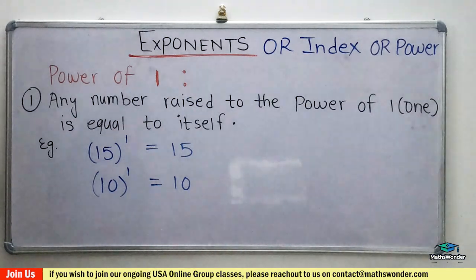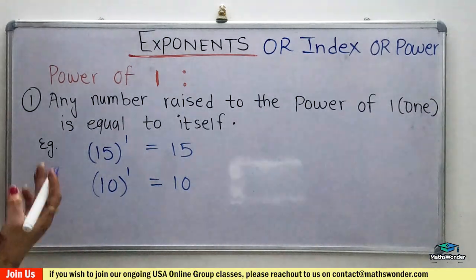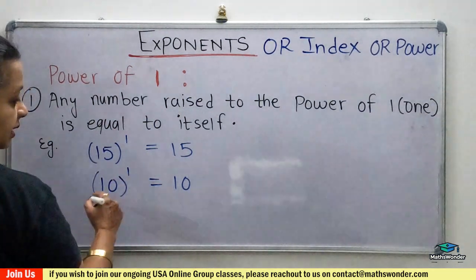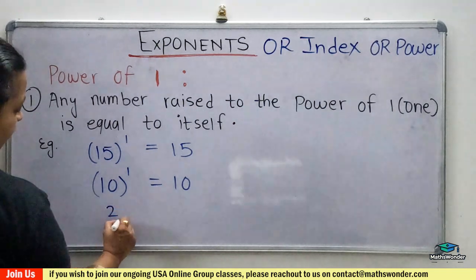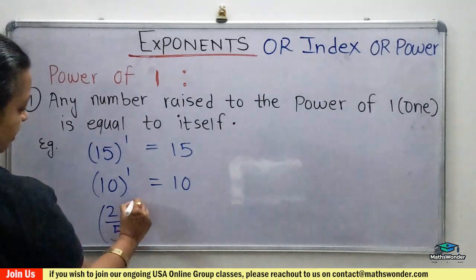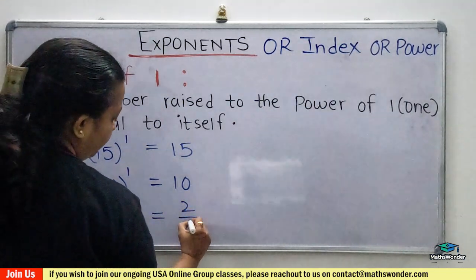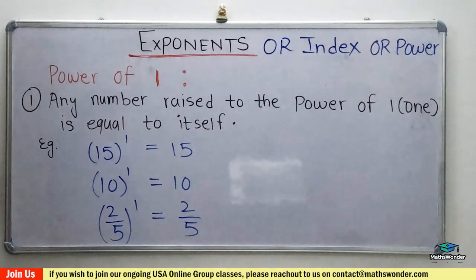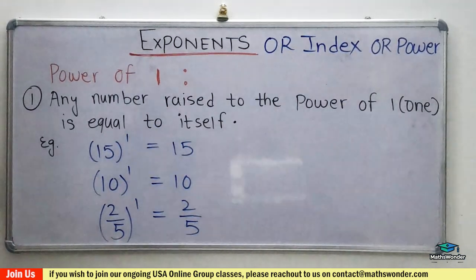The same thing applies in rational numbers. Suppose we have a fraction like 2 over 5 raised to the power 1. You will write 2 over 5 only, the number itself. Understood? That is the first part of power 1.